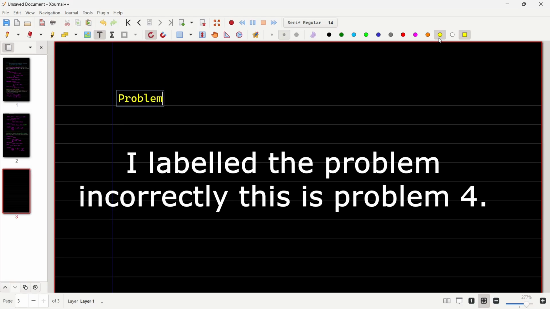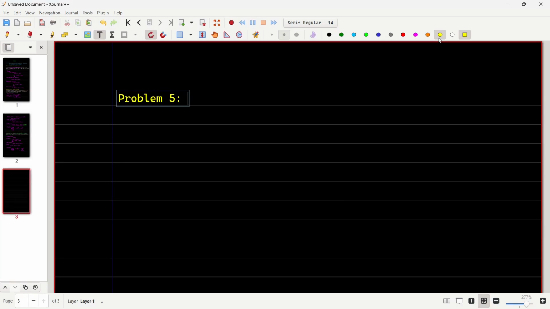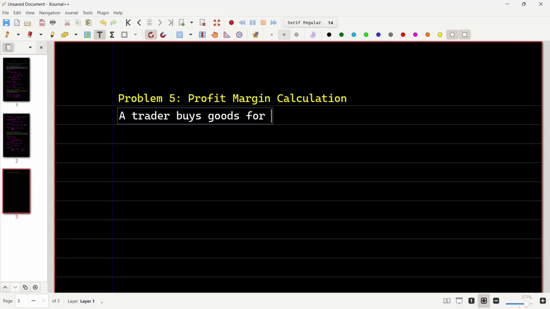Problem 5, profit margin calculation. A trader buys goods for $5,000.